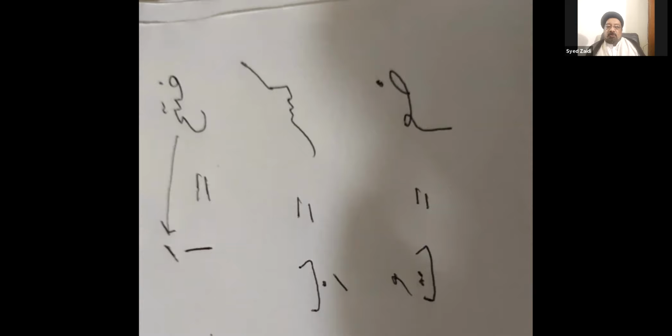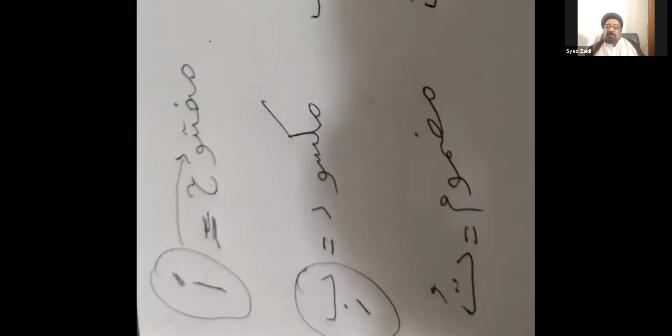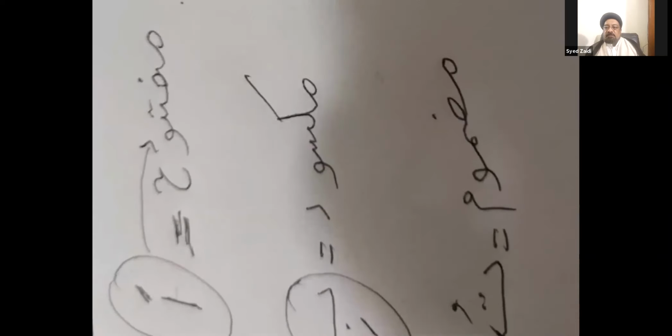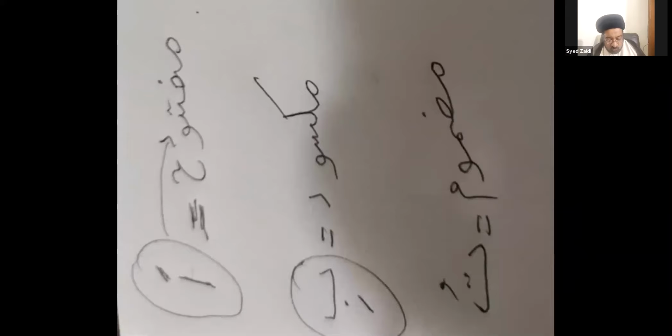Now these letters: alif with that sign is called maftuh; ba with that sign underneath becomes maksur; and on ta you see the dham sign, so because of that sign, this letter becomes madmum.